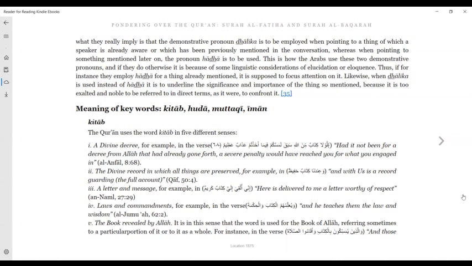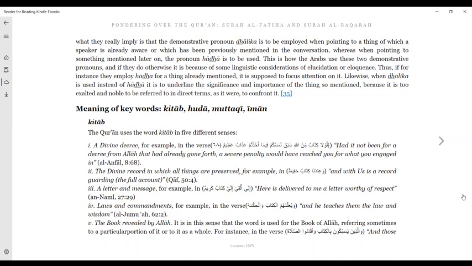This is how the Arabs use these two demonstrative pronouns. And if they do otherwise, it is because of some linguistic considerations of elucidation or eloquence. Thus, if for instance they employ هذا for a thing already mentioned, it is supposed to focus attention on it.